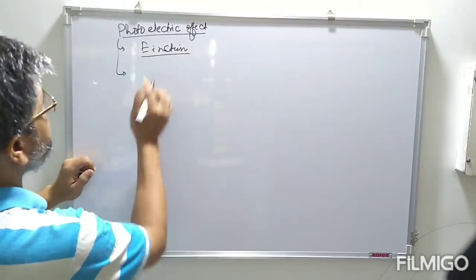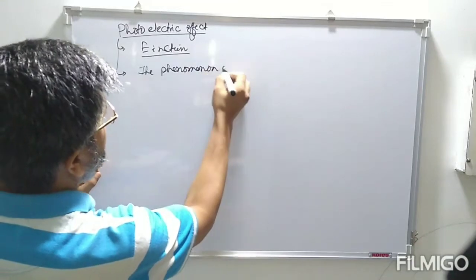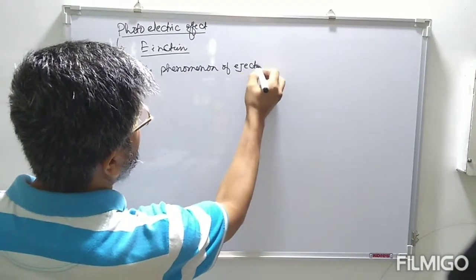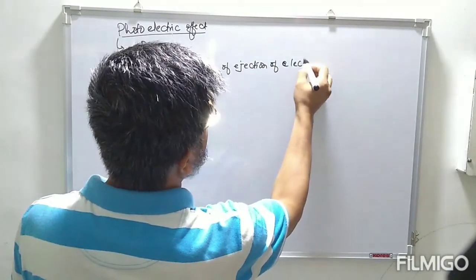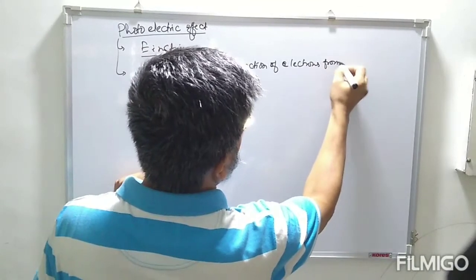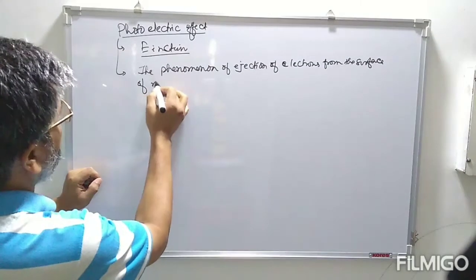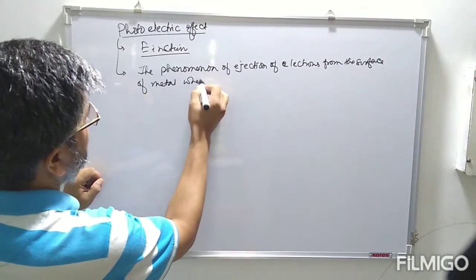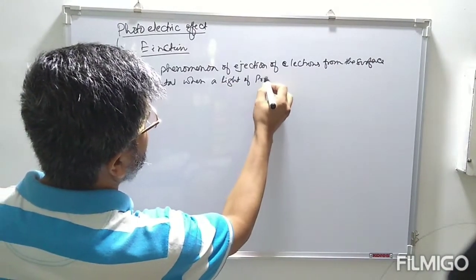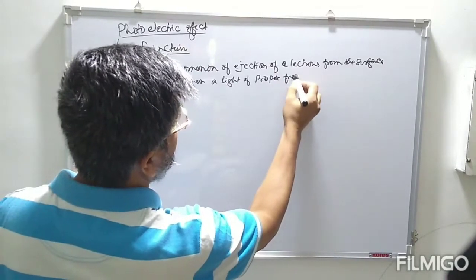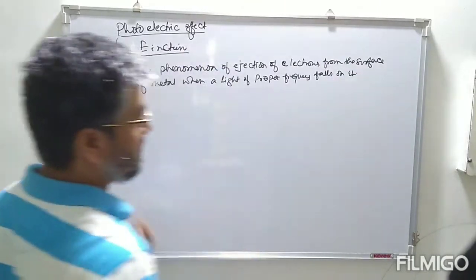Definition is: the phenomenon of ejection of electrons from the surface of metal when a light of proper frequency falls on it.